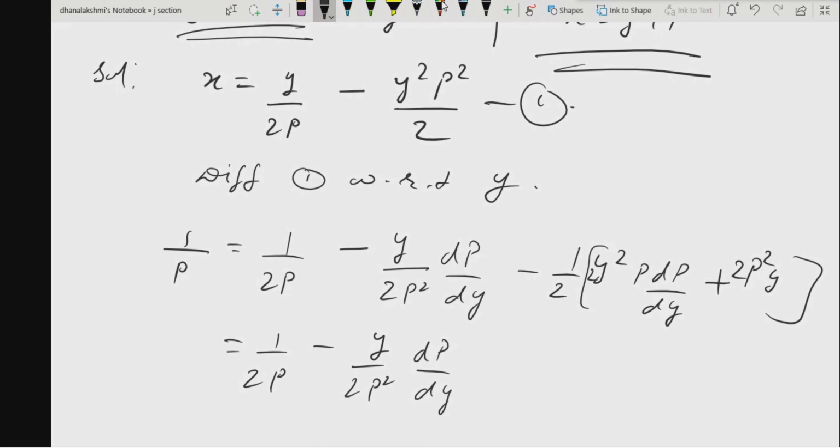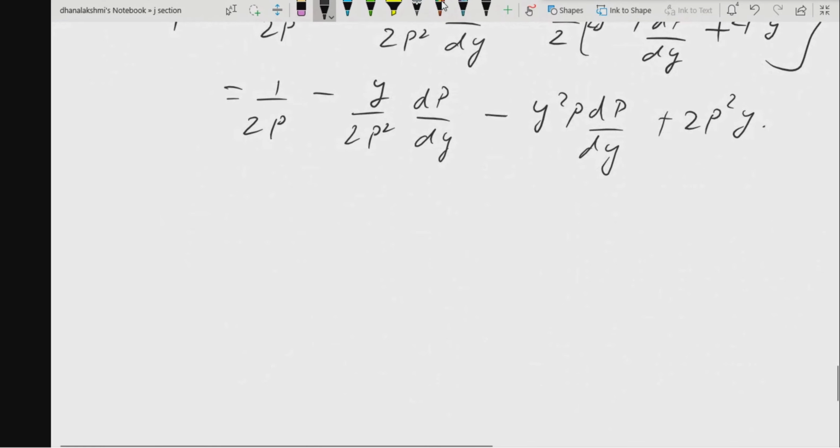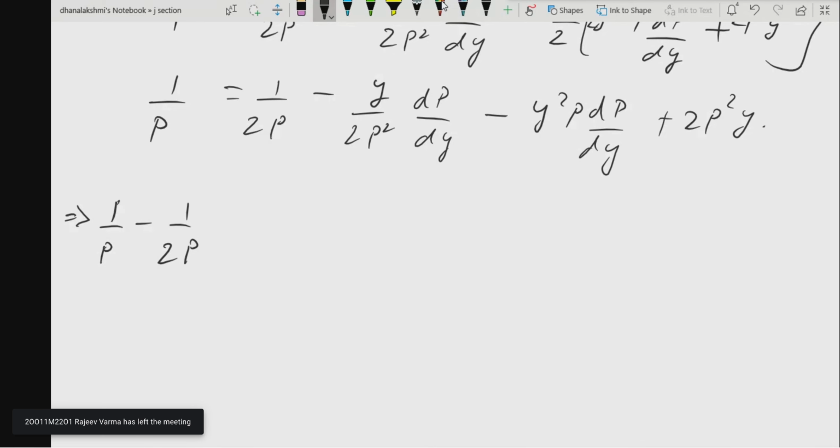You will have minus y square p dp by dy plus 2p square y. And here it is going on 1 by p. So this will be equal to 1 by p minus 1 by 2p. What are the other things without dp by dy? It is 2yp square, and here you should have a minus sign.